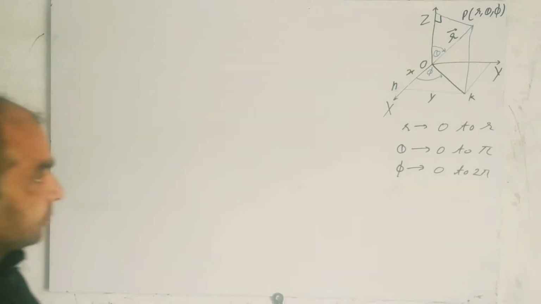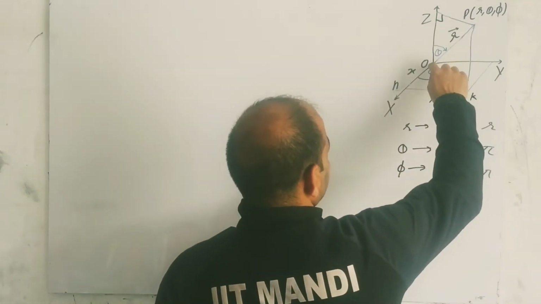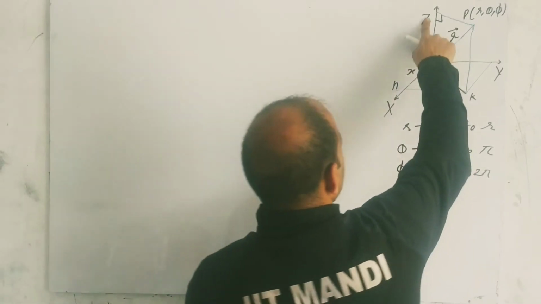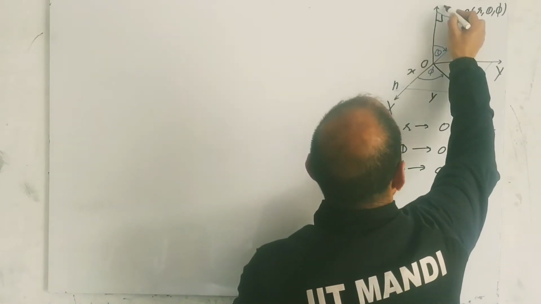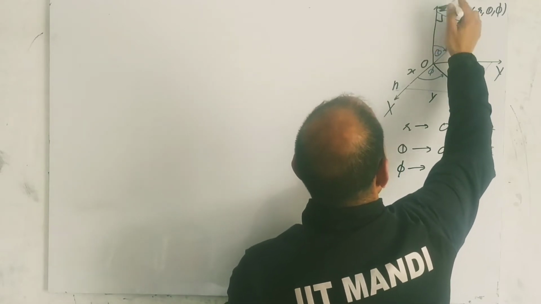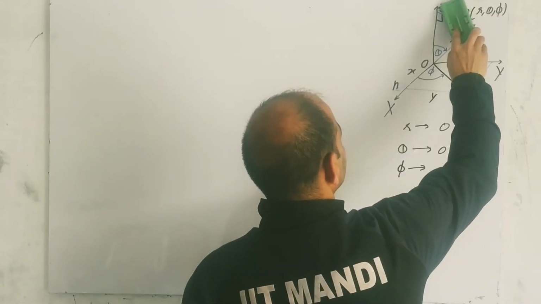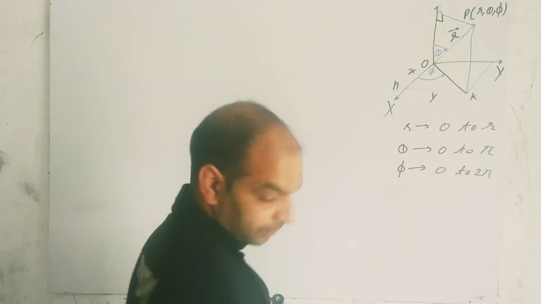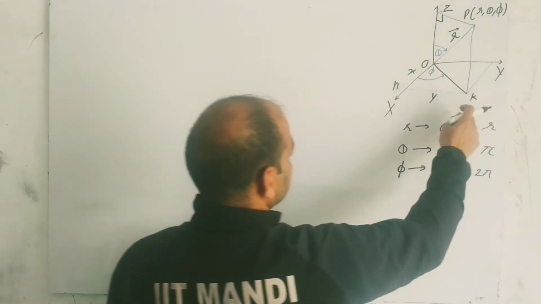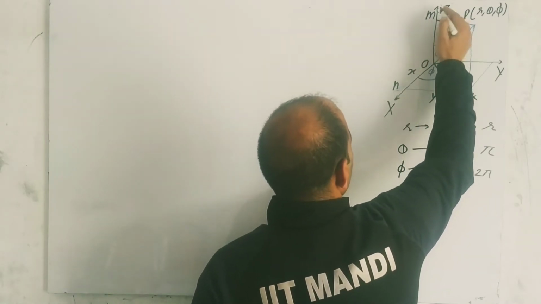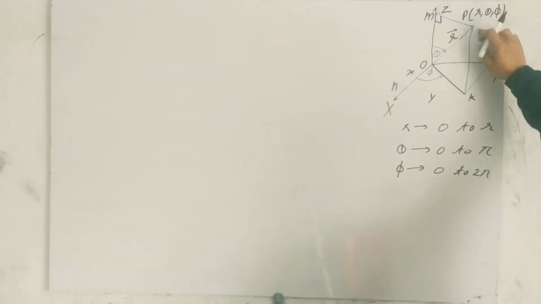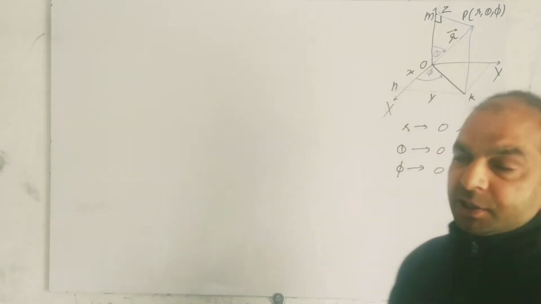Now this is the z axis. Suppose this point is M. Now this OM is equal to KP, which is the z coordinate in the Cartesian coordinate system.